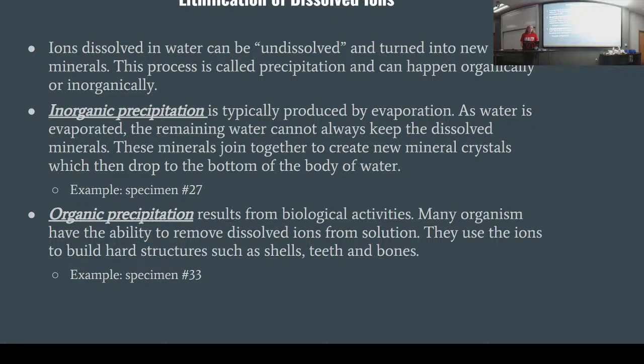All right, so the lithification of dissolved ions. We have a question, Dana. Yes, they're asking if you can define conglomerate again. Yes. A conglomerate is a clastic rock that is relatively round due to traveling great distances, and it consists mostly of gravel with sand, silt, or clay mixed in.